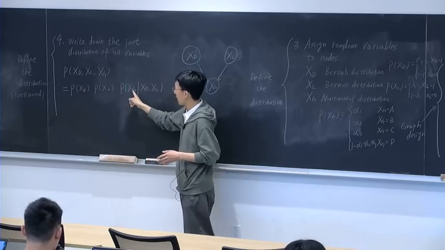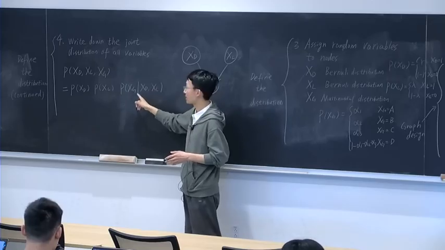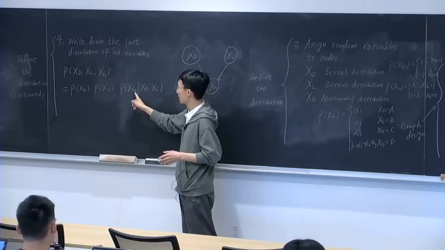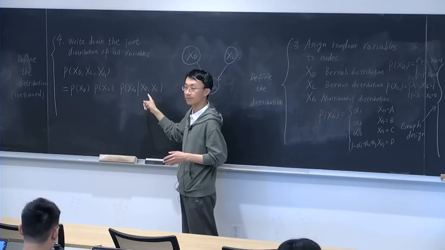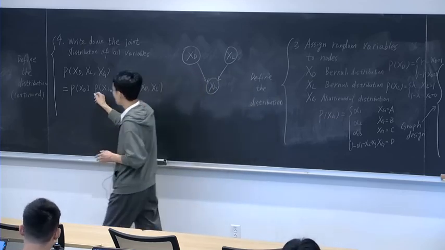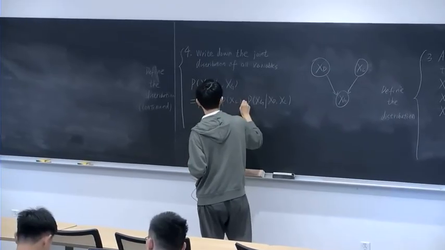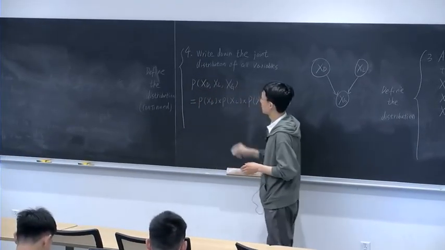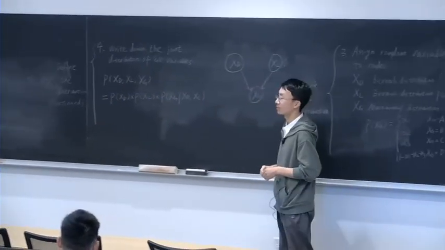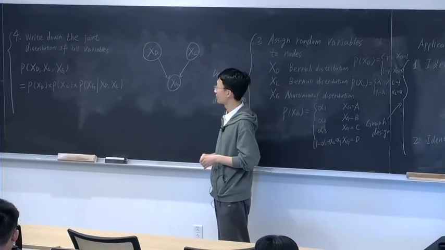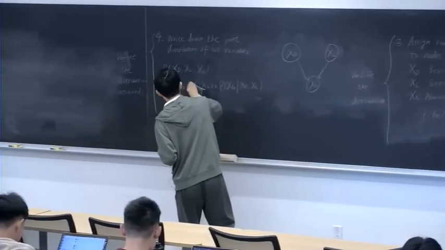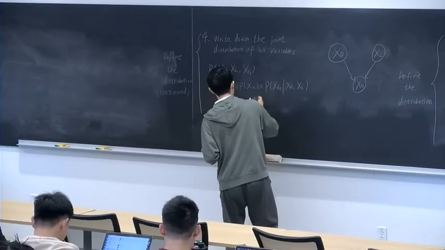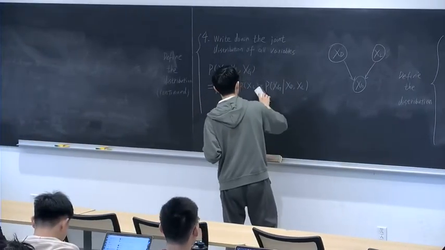If the variable has parents, then you write down the conditional probability conditioned on the parents of this node. Then you multiply them together. That would be the joint distribution of the three variables. To avoid confusion, let me use a dot to denote the multiplication.